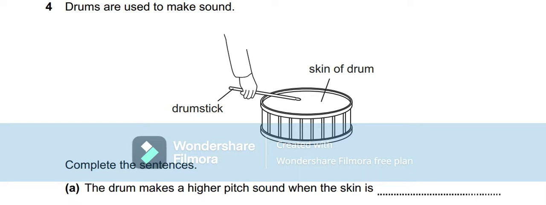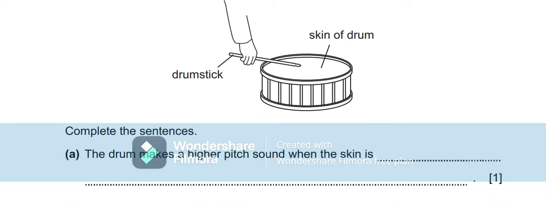Then the question is saying complete the sentences. A is saying that the drum makes a higher pitch sound when the skin is. The correct answer is when the skin is tightened, right? When the skin is tightened. Okay, fine.